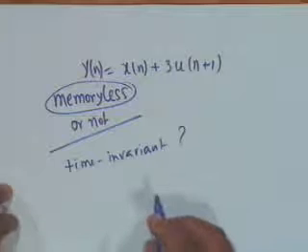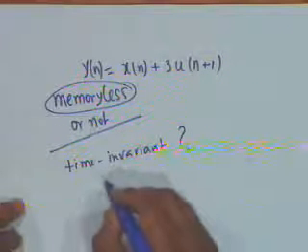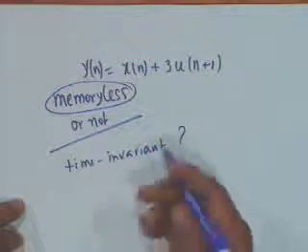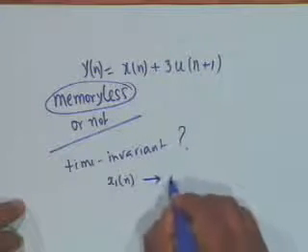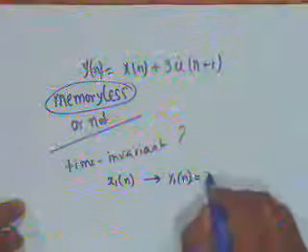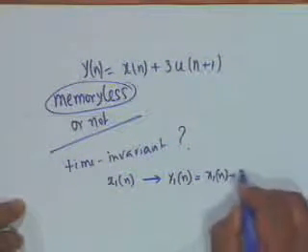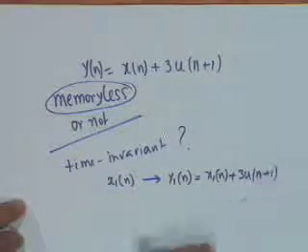Time invariant or time varying? It is time varying, because, well, you have to give the logic now. x1[n] leads to y1[n], which is equal to x1[n] plus 3u[n+1].